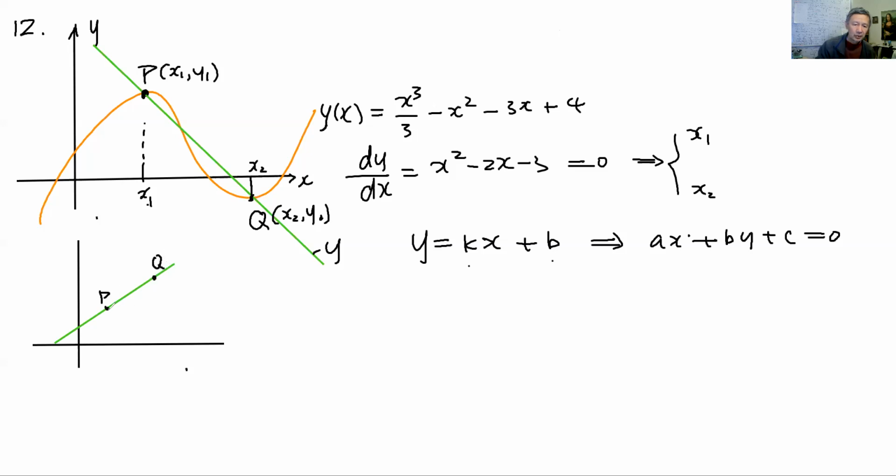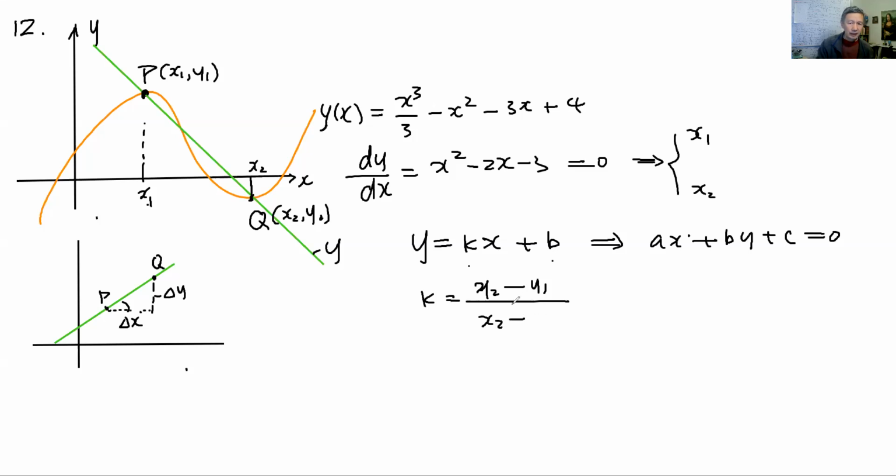Now in this case, how do we find the gradient? Rise over run, that's right: delta y over delta x. So k will equal y1 minus y2, because y1 is higher. This is something you should pay attention to.